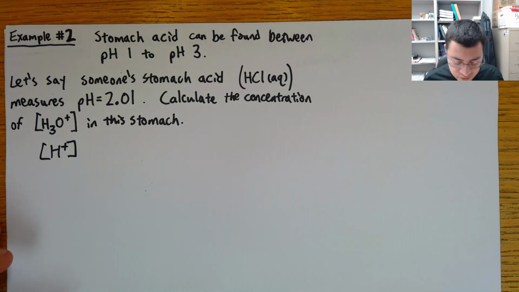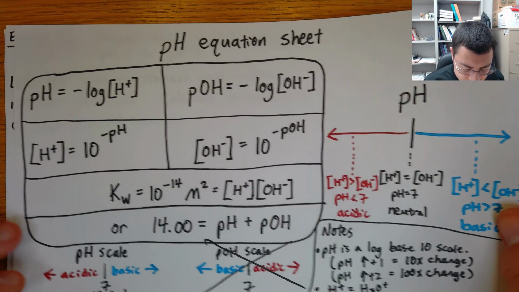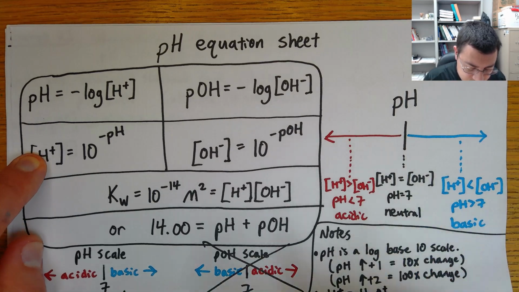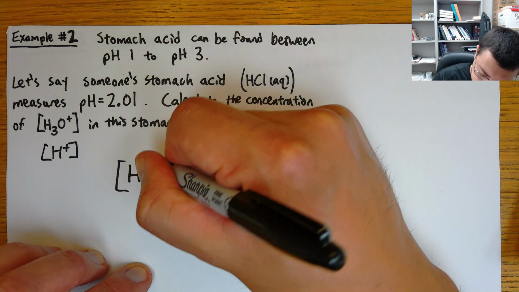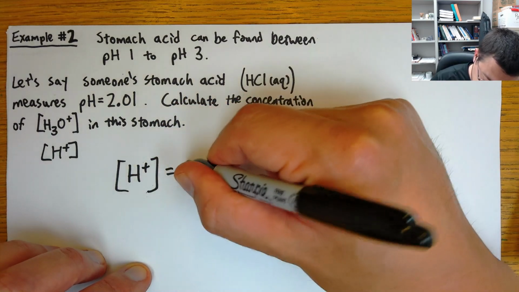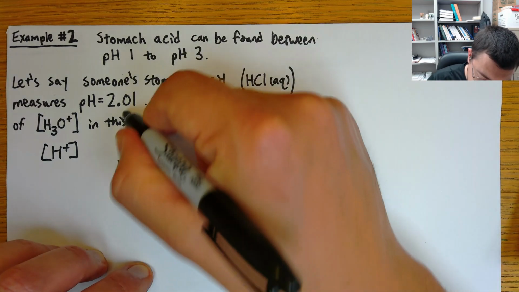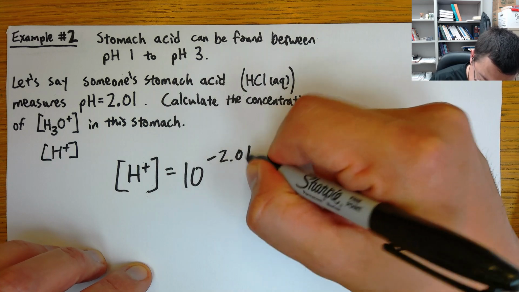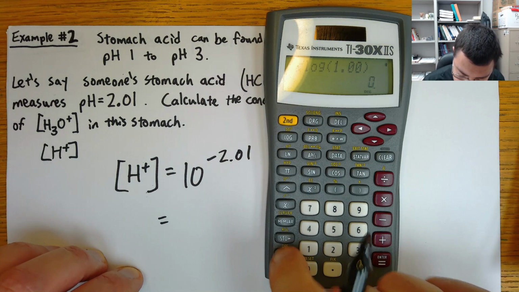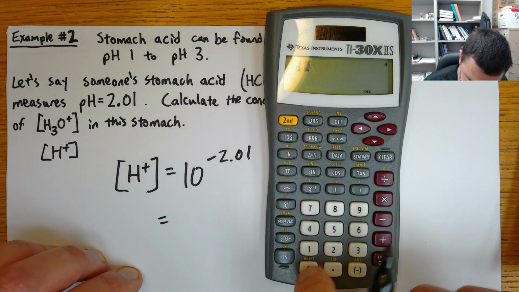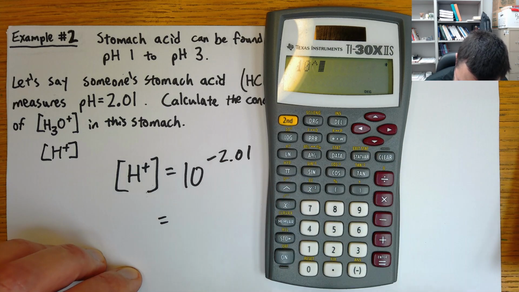Let's go to our menu of equations again. We need the H plus, so let's plug in the pH, 2.01. We need 10 to the power of negative pH.